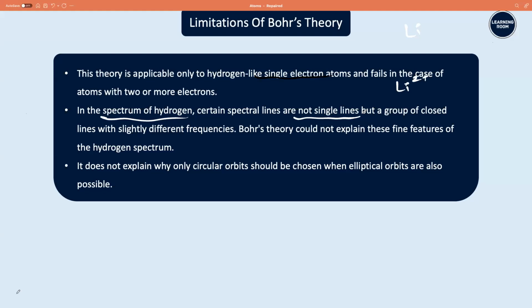If you propose an elliptical orbit, angular momentum is also quantized, as you see from the gravitation concept. The only difference would be that instead of having the nucleus at the center, you would have it at one of the foci. There was no explanation given.